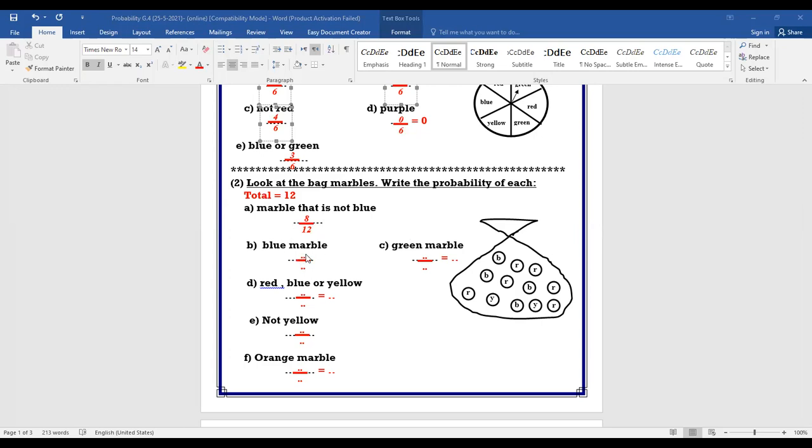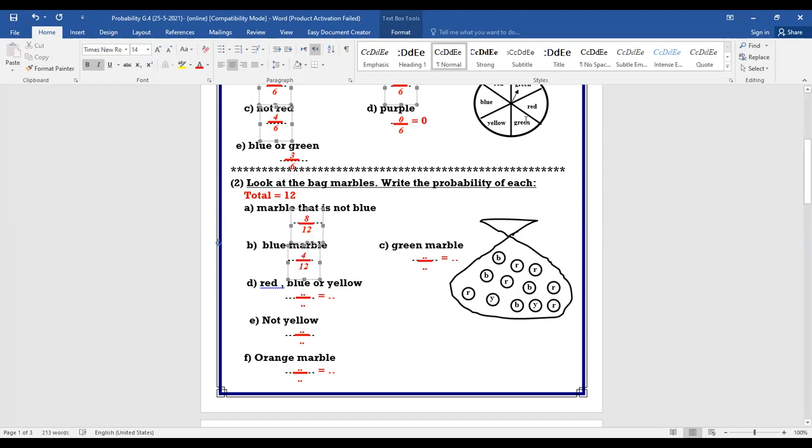How many blue marbles? 1, 2, 3, 4. We have 4. It will be 4 out of 12. Thank you Jumana.